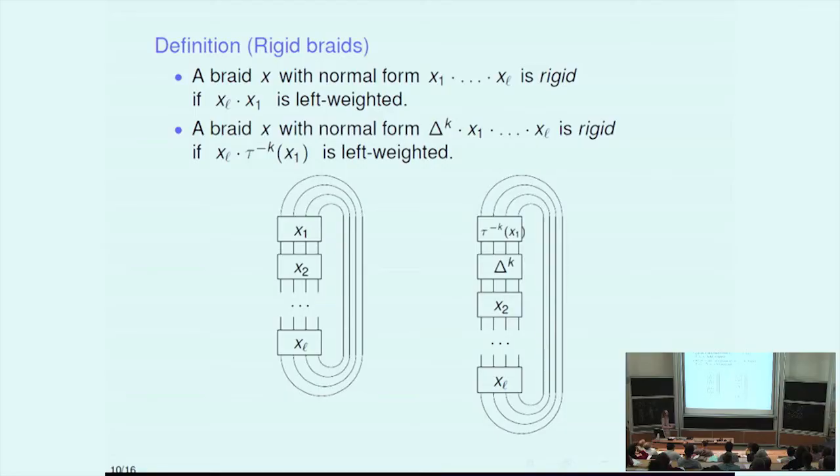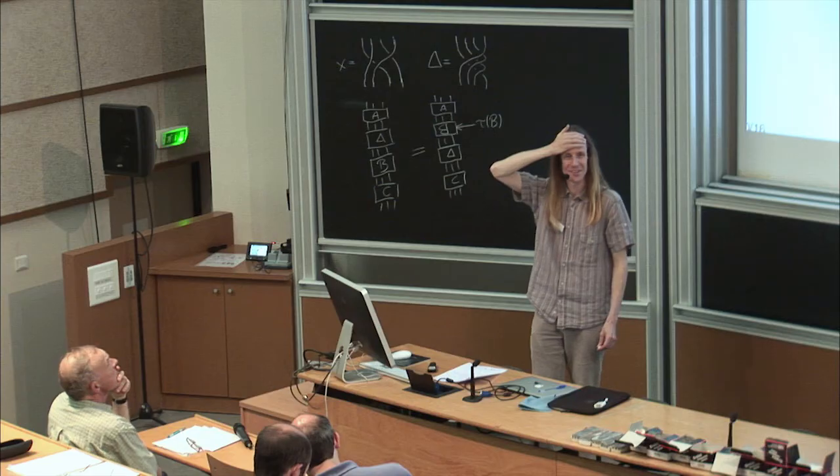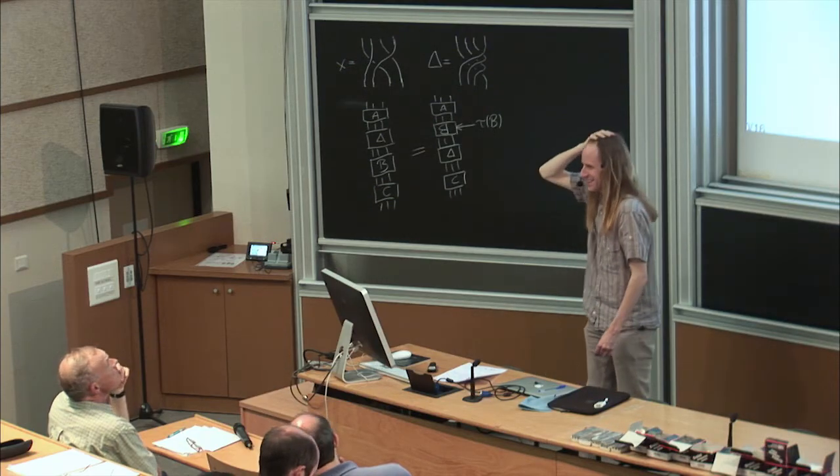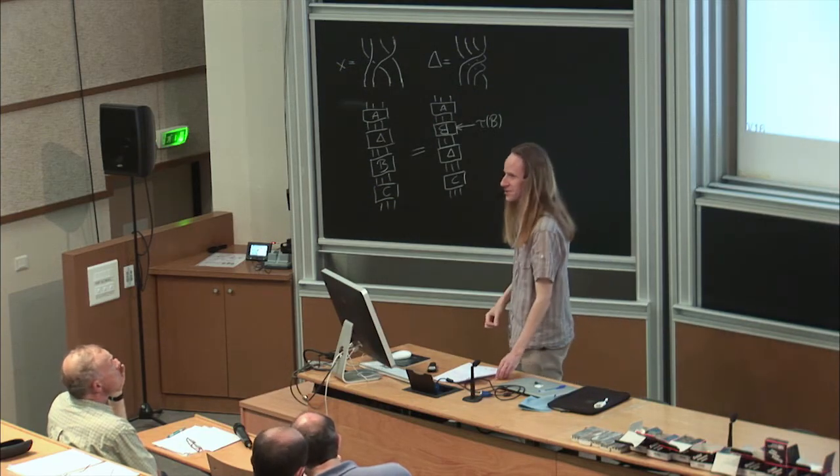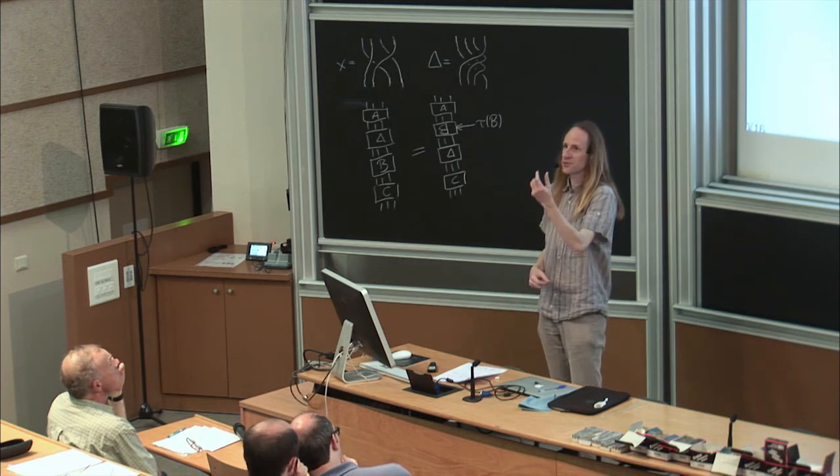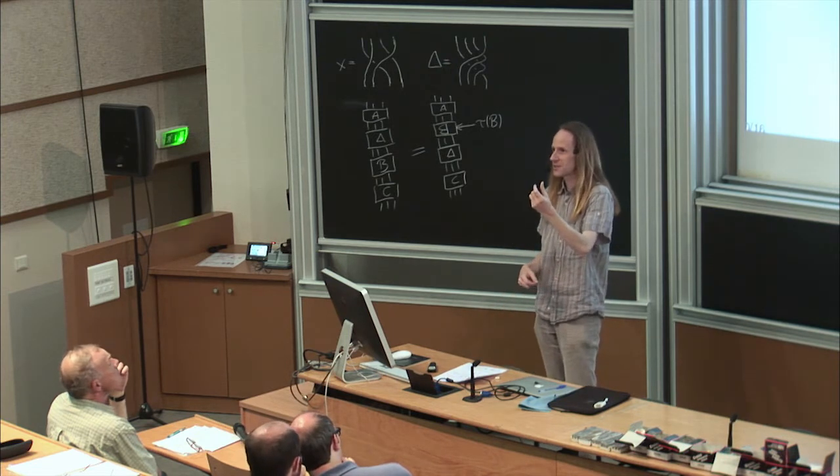Okay, a rigid braid. Let's first define it just for a braid which does not have any factors delta in the beginning. It is rigid if the last factor followed by the first factor is left weighted.